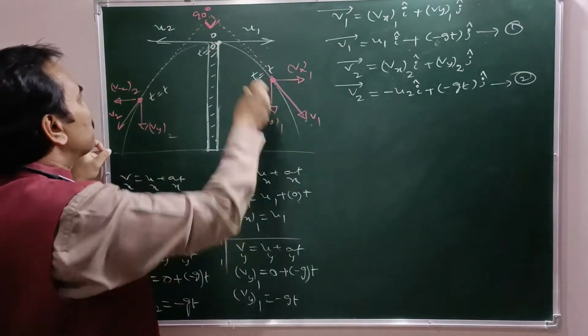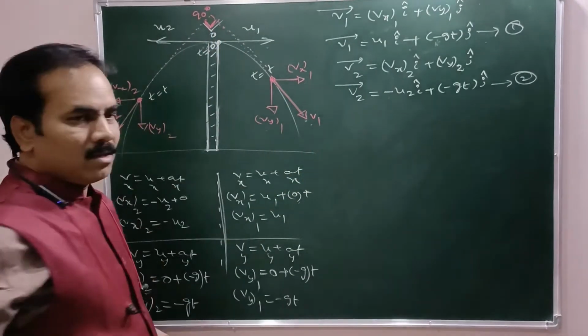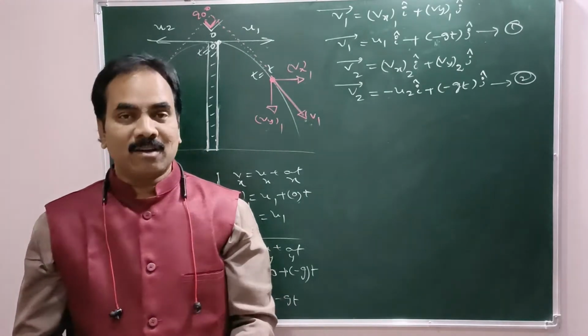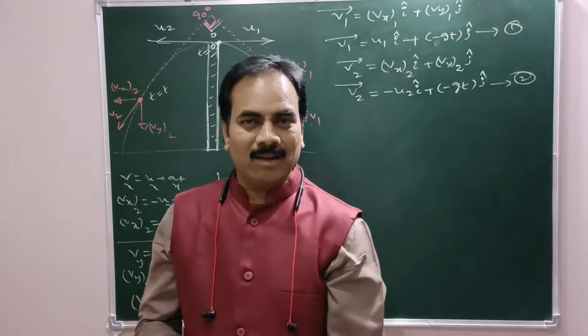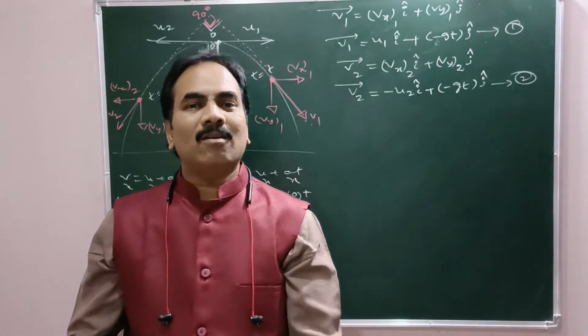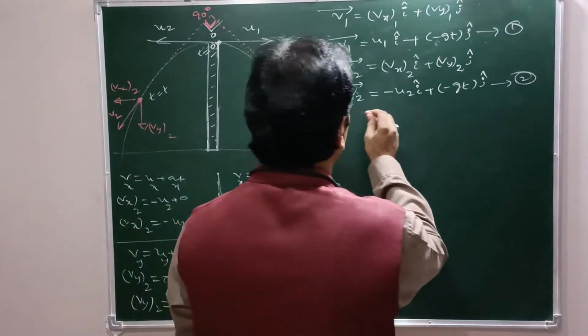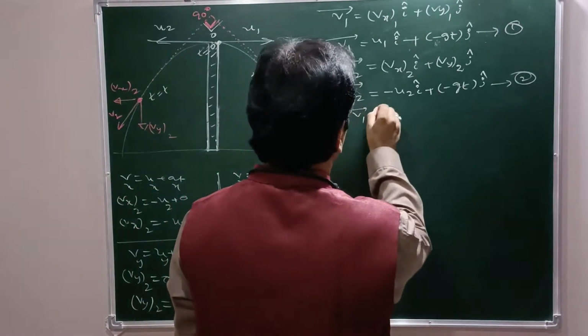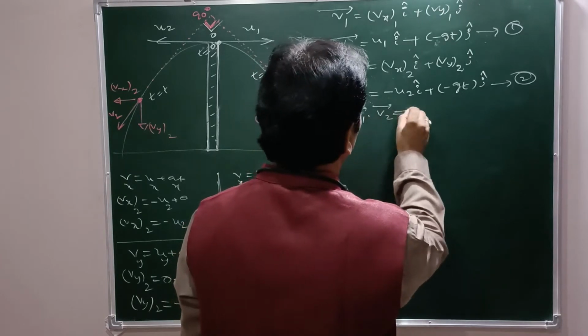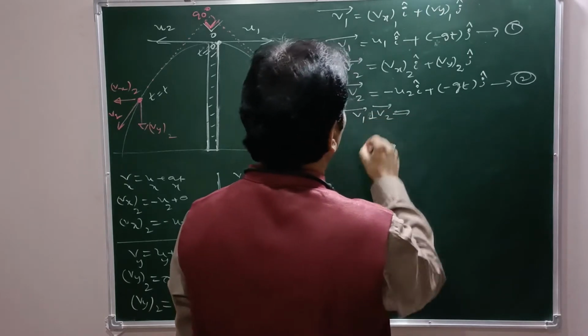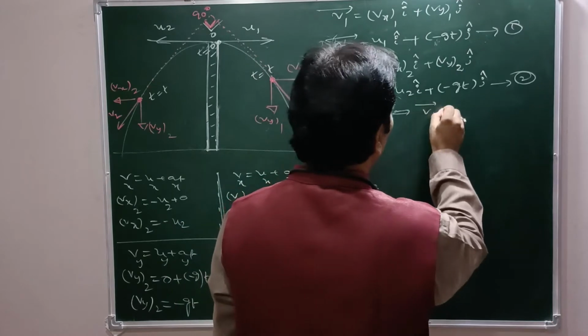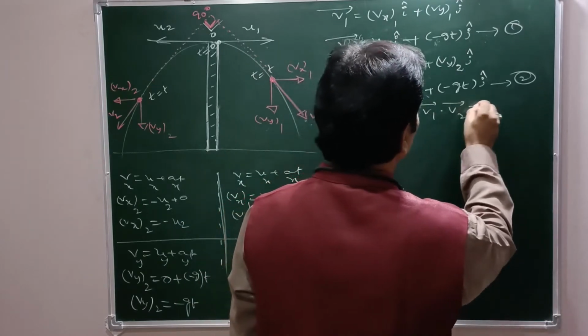What is the angle between these two? That is 90 degrees. So for two perpendicular, or orthogonal, vectors, their dot product must be 0. Right? So v1 bar perpendicular to v2 bar implies v1 bar dot v2 bar must be equal to 0.